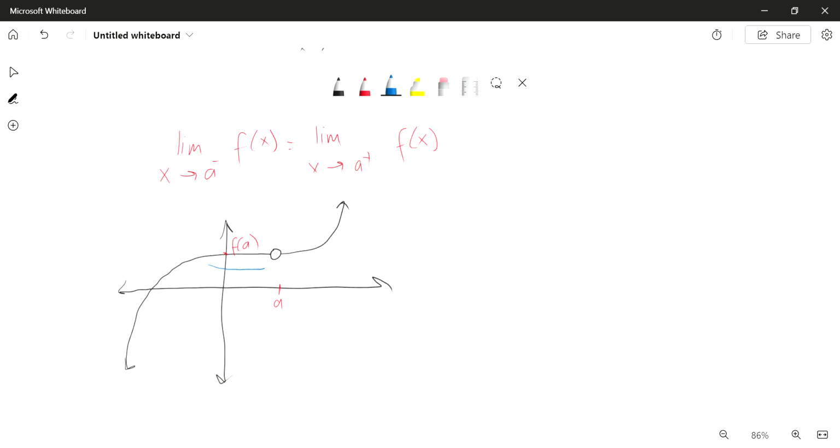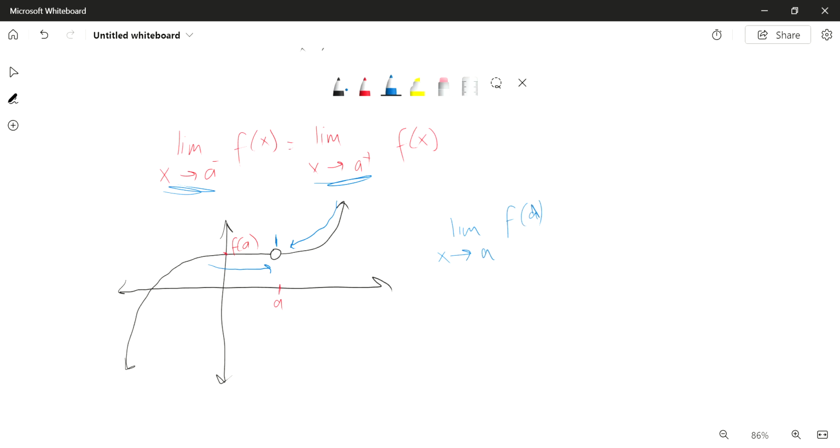In this function, as you get closer to a from the left-hand side, it approaches this value over here. While if you were to get closer to a from the right-hand side, it approaches the same value. So the left-hand limit and the right-hand limit here are equal.